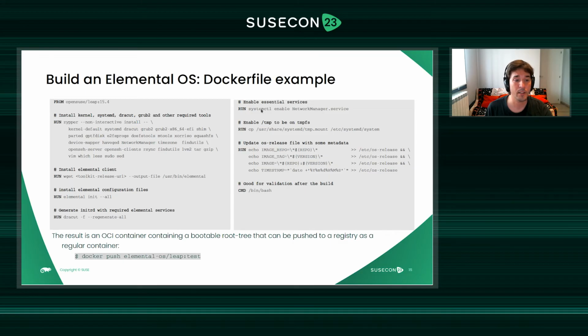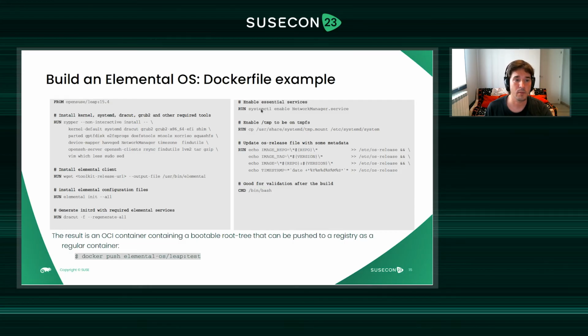And after that, the only thing that's remaining is just some fine tuning and some customization according to the specific needs of the system. So in this case, we need to enable the essential services like NetworkManager, since we're using NetworkManager and NetworkManager is not enabled by default on openSUSE Leap. We need to enable it here.